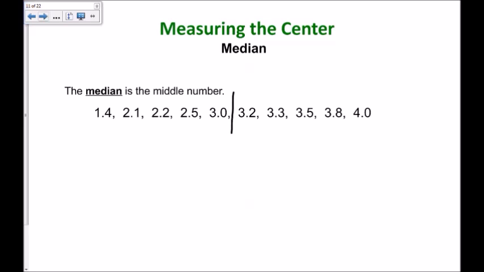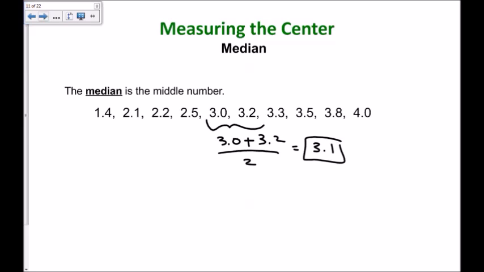But here I have an even number of data points, 10, and so it's somewhere in between the 5th and the 6th number, and so I will find the average of these 2, which is 3.1, or the number right between them. That is the middle number.